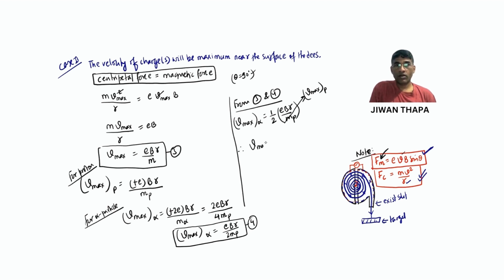Therefore, the maximum velocity of the alpha particle is half of the maximum velocity of the proton.